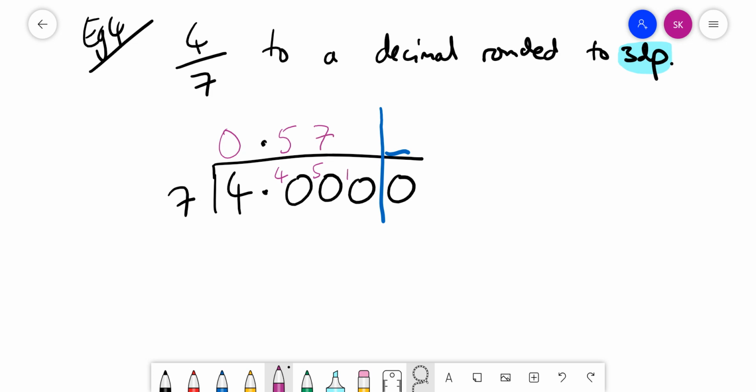There's a remainder of 1. 7 into 10 goes once with a remainder of 3. 7 into 30 goes 4 times, and it doesn't matter what the remainder is, because at this point, if it's 5 or above, give it a shove. If it's 4 or below, let it go. So we can see this is a weak decider, it's 4 or below, so we let these ones go. And we say the answer is 0.571 to 3 decimal places.